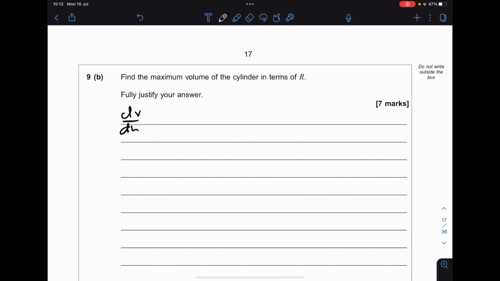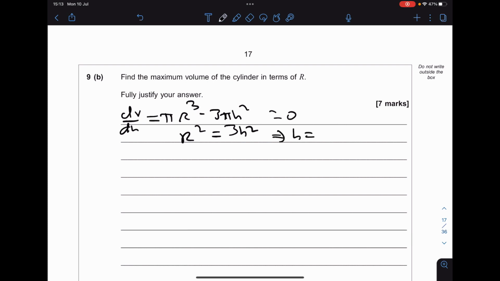dV by dh is going to be the derivative of that with respect to h, which will be pi R squared minus 3 pi h squared. We're going to set it equal to 0, because it's going to be a stationary point, i.e. the R squared will be, what's that going to be there? 3h squared, is it? Yeah. i.e. h is going to be R divided by root 3.